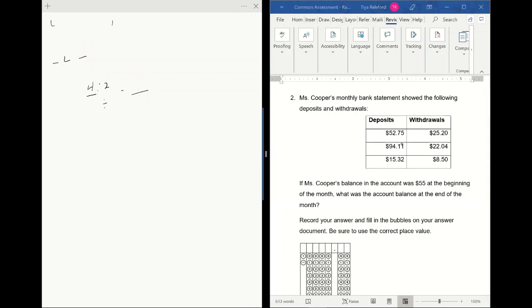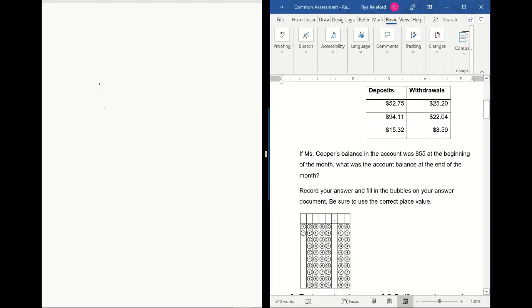Number 2 says Ms. Cooper's monthly bank statement showed the following deposits and withdrawals. If Ms. Cooper's balance in the account was $55 at the beginning of the month, what was the account balance at the end of the month? So to do this, you're going to add all your deposits.